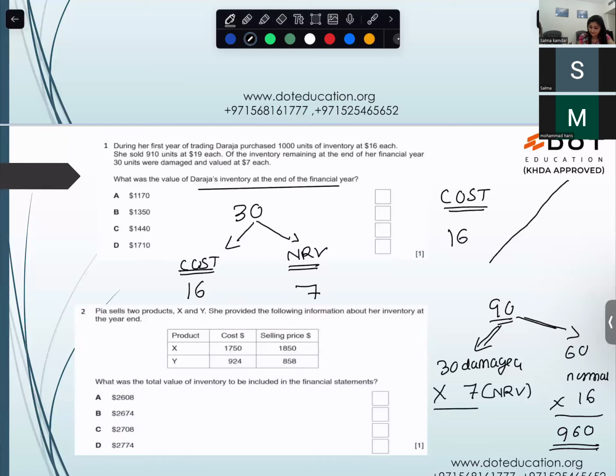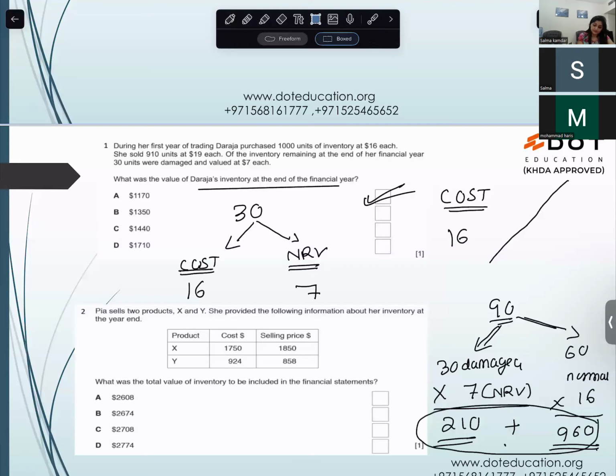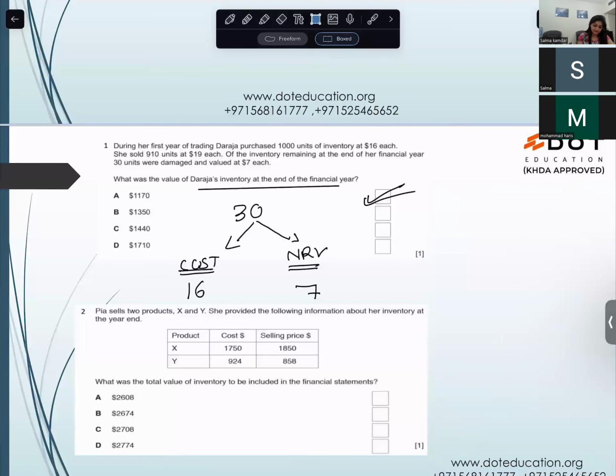So what will it be? 1170. So cost or NRV, whichever is lower. So the total inventory valuation will be at 1170. Are you with me? Yeah. Go to the next one.